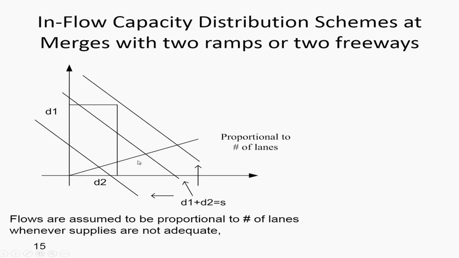So there are many different rules for those. Capacity distribution ratio, and in the DTALite, to be realistic or to be stable, we use the number of lanes to split the capacity computation.